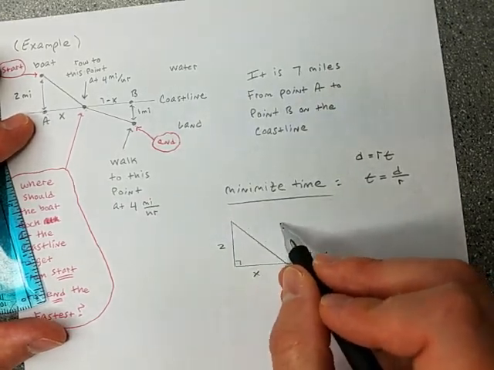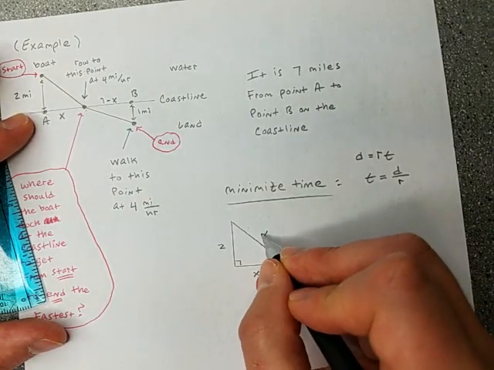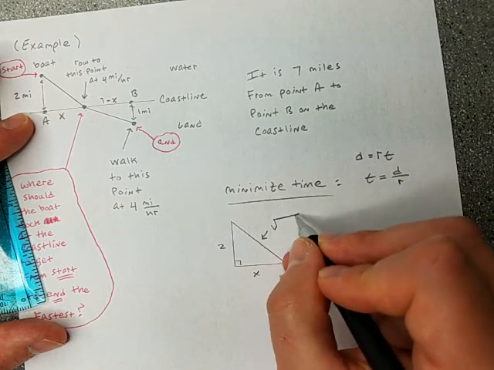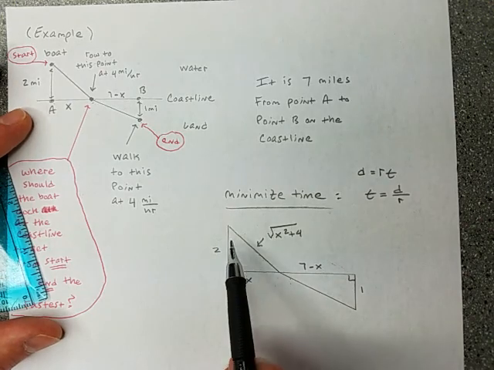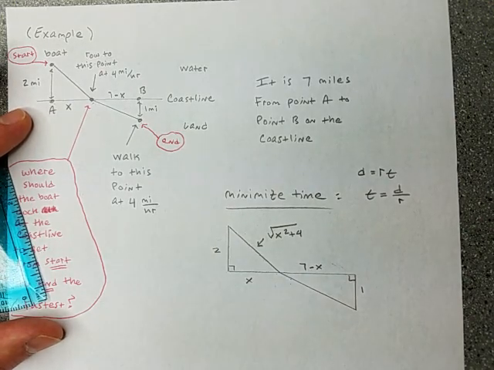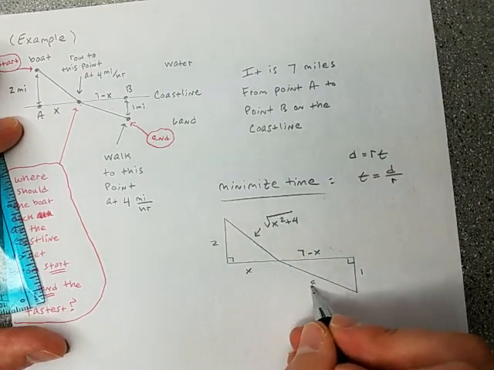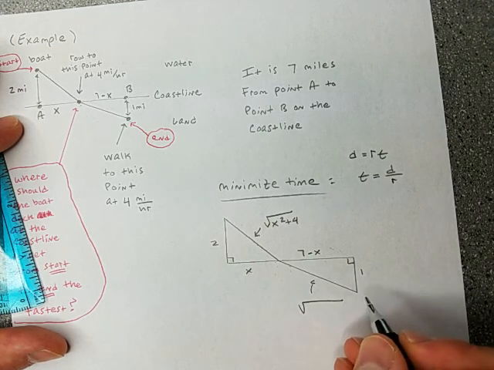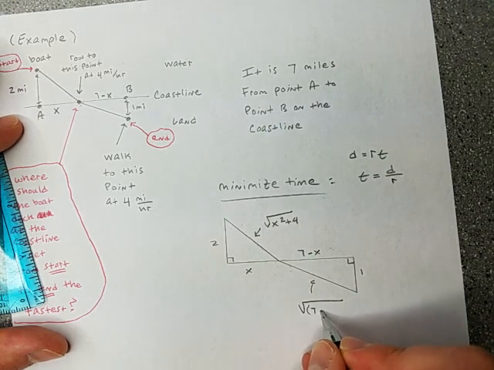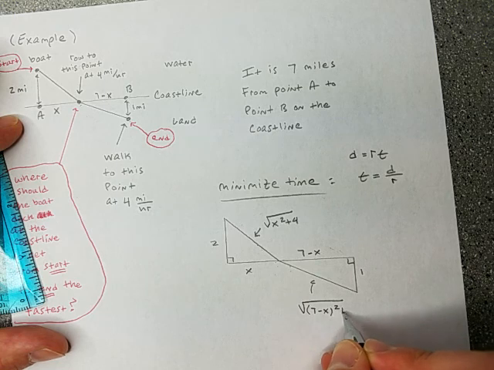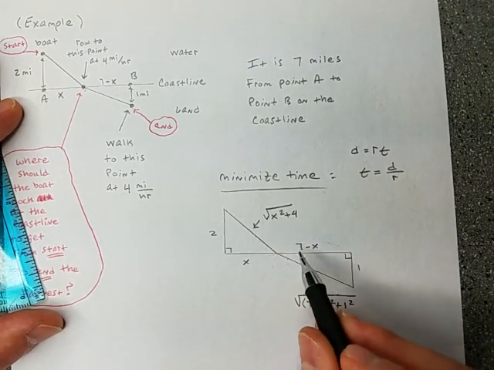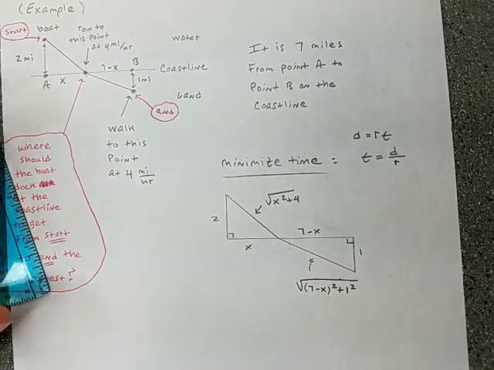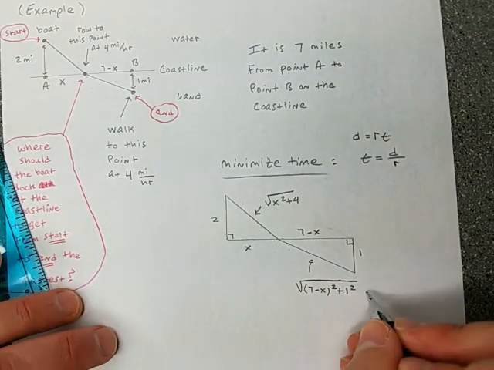And what's this distance? That's the distance on the water. Well, we can use the Pythagorean theorem to figure out its root, x squared plus 4. So that's the distance along the water to this point on the coastline. And then this distance is root of (7 minus x) squared plus 1 squared, right? Given that on that triangle, this side is 7 minus x, that side's 1. Okay, so let's clean this up a little bit.